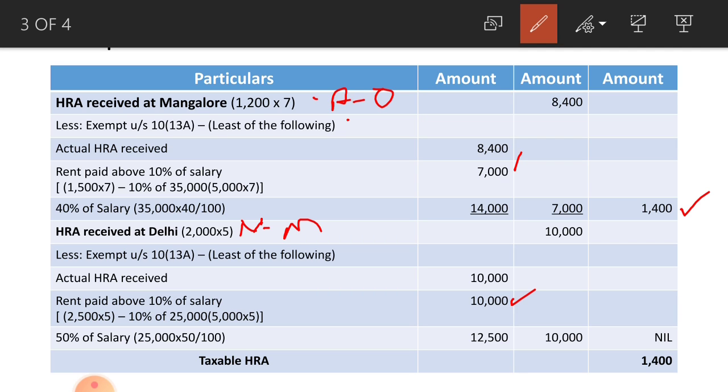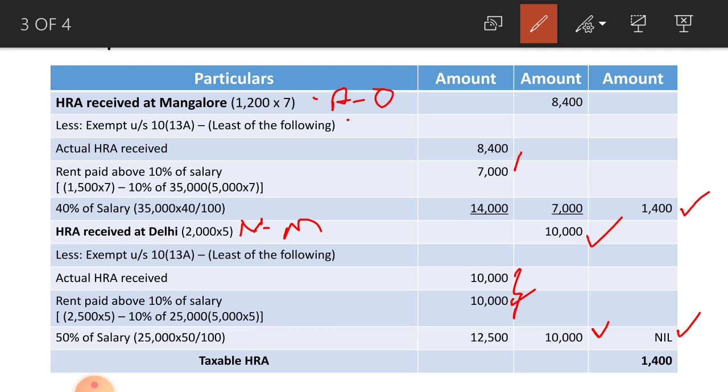Next, 50% of salary, that is 50% of 25,000, amounts to rupees 12,500. Least of the following you have to consider here. 10,000 is the least, so you have to consider 10,000 as exempted HRA, and here actual HRA is also 10,000 and the exempted HRA is also 10,000, so his taxable HRA is nil.